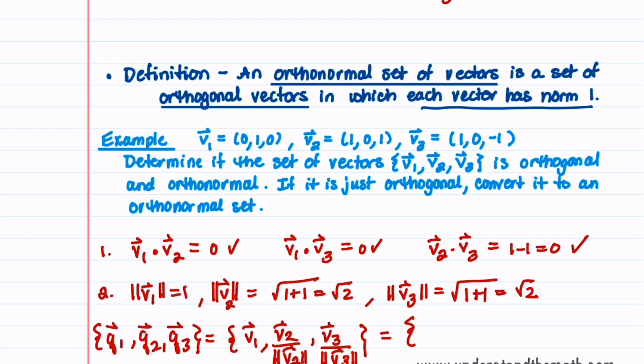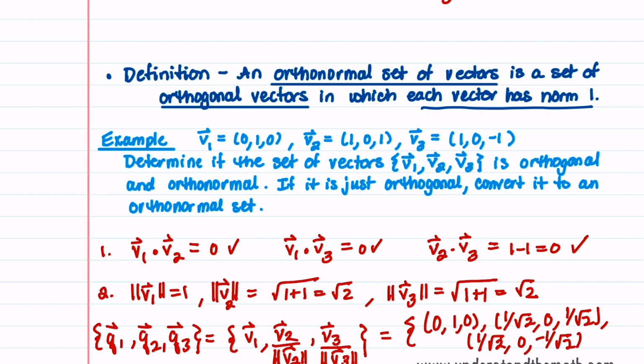So this is going to give us, we're running out of space, a 0, 1, 0, a 1 over root 2, a 0, and a 1 over root 2. And then our third vector will be 1 over root 2, 0, and then a minus 1 over root 2. We're going to use this process later on when we do orthogonal diagonalization, so it's good to know how to do it.